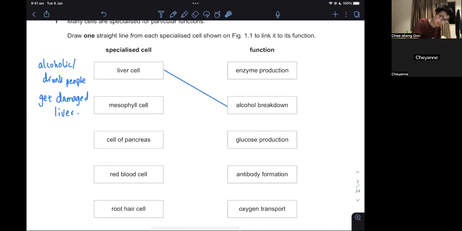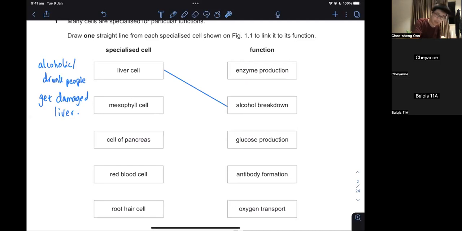Mesophyll cell is present in leaf. So what is the use of mesophyll cell then, Shaya? As a glucose production. It's definitely for glucose production because that is present in your leaf.